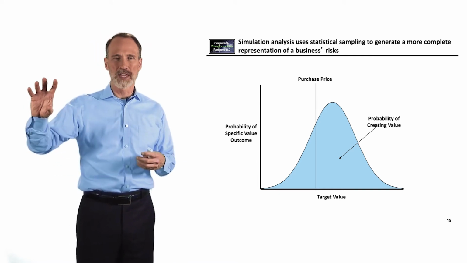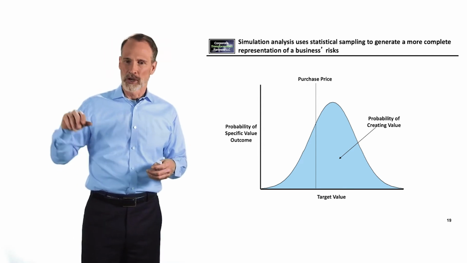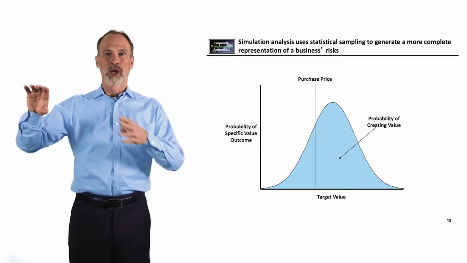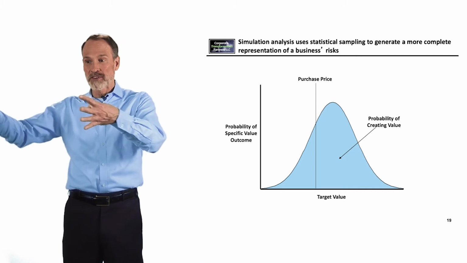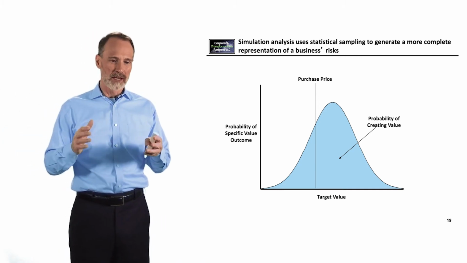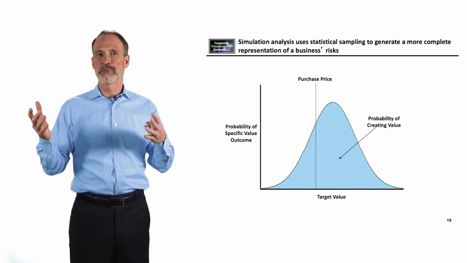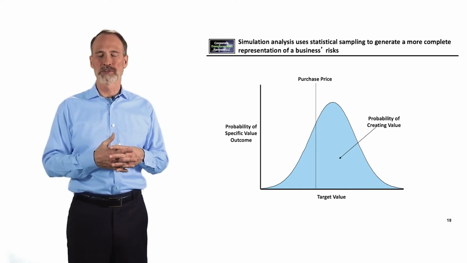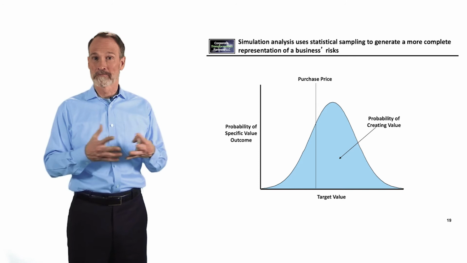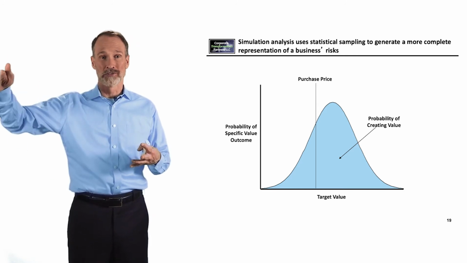So rather than 8%, maybe you enter an expected value of 8% with a normal distribution and a standard deviation that means that, within 2/3 of the time, the sales growth will actually be somewhere within 2 percentage points of 8 percentage points. So you're entering a distribution for each.